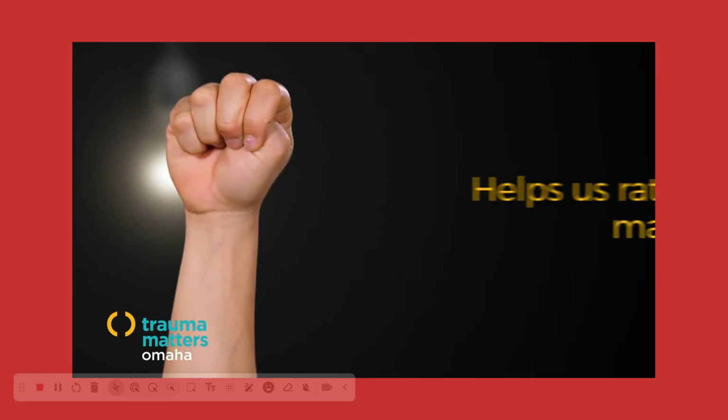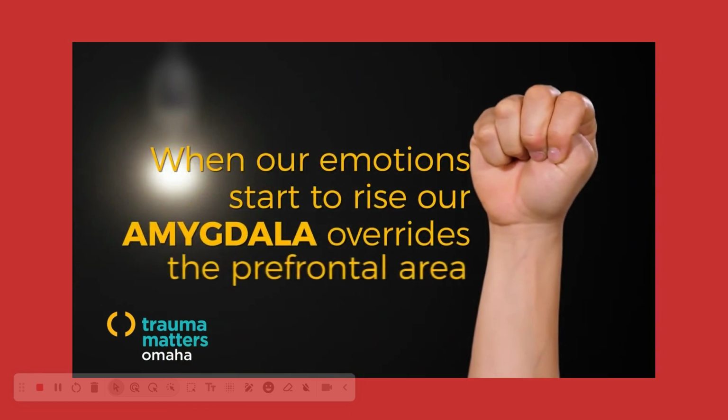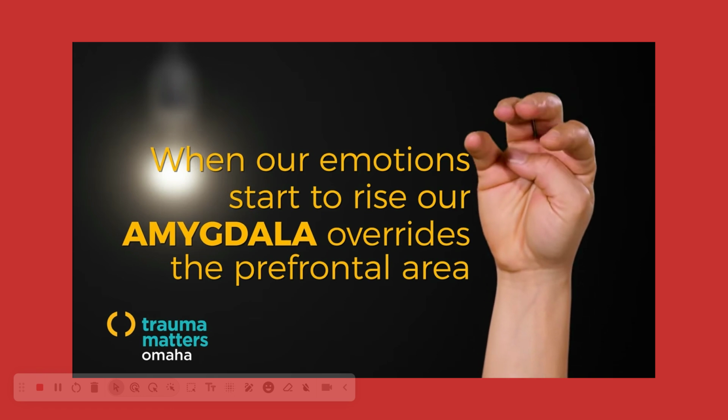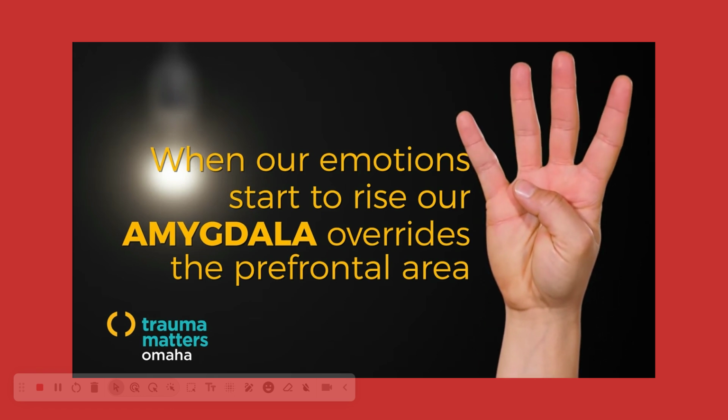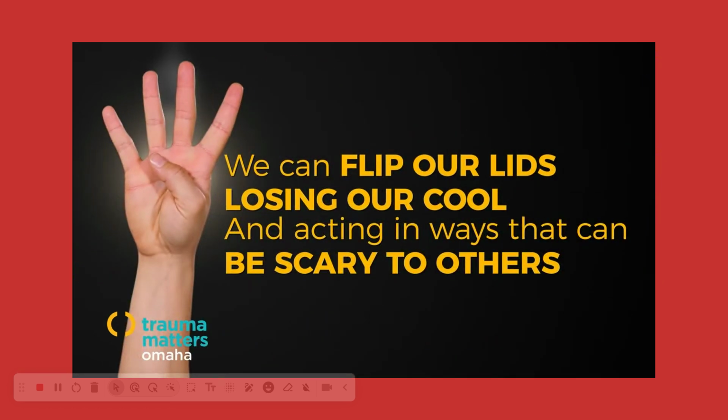The frontmost part of the brain helps us rationally manage the amygdala and brainstem areas. But when our emotions start to rise, maybe someone's pushed your last button, or you perceive a threat or danger, our amygdala overrides the prefrontal area, and we can flip our lids, losing our cool, and acting in ways that can be scary to others.